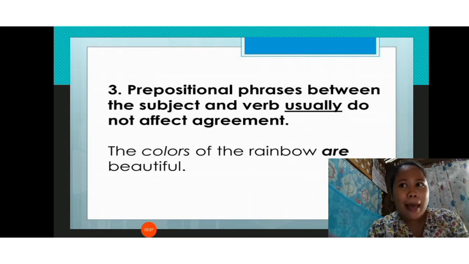We're talking about a lot of colors here, which is the colors of the rainbow. Of course, the rainbow consists of different colors. There is red, orange, yellow, green, violet, indigo, blue. So the colors, it is plural. So we will use also a verb that is plural. So we have here are.